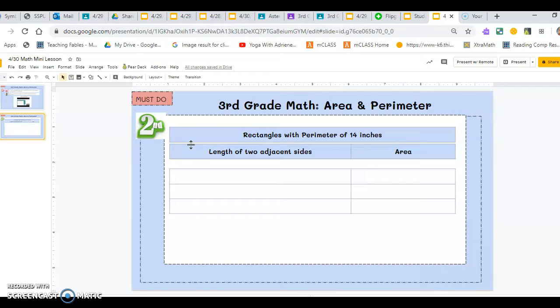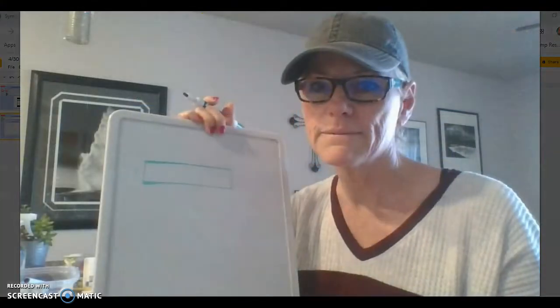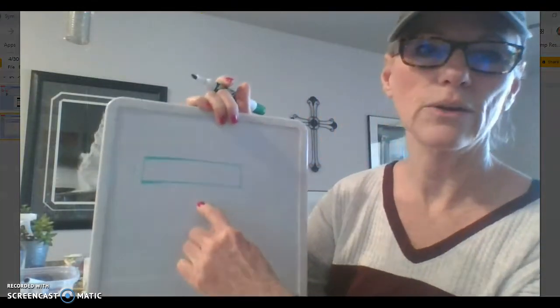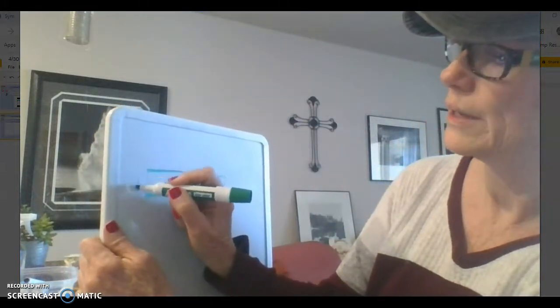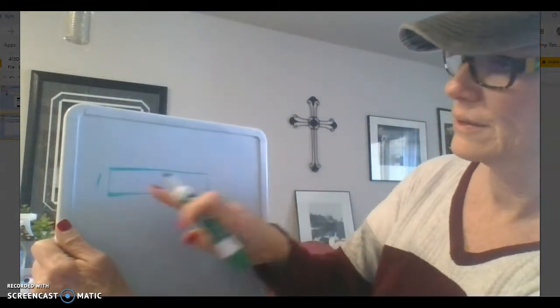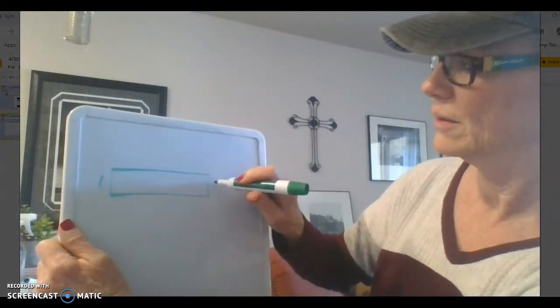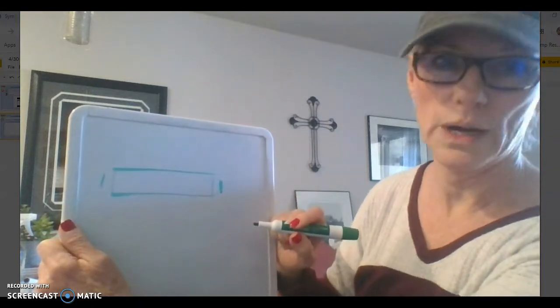So here's where your number sense comes in. I'm just going to start with 1 because it's easier for me to go in numerical order. So if I have my rectangle and this first side is 1, I know the other parallel measurement is 1.